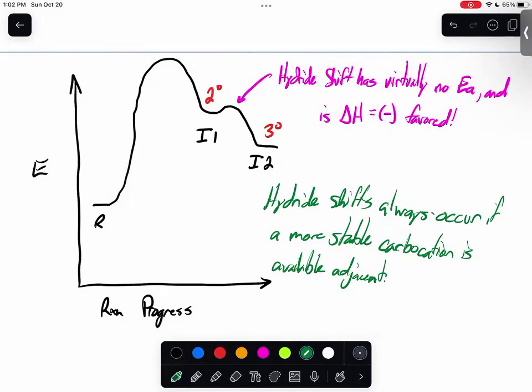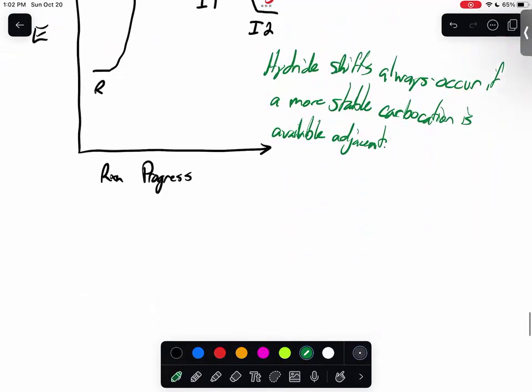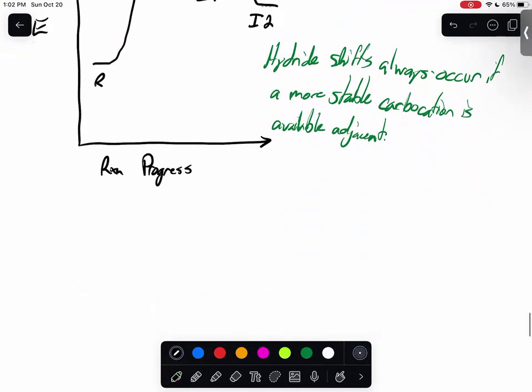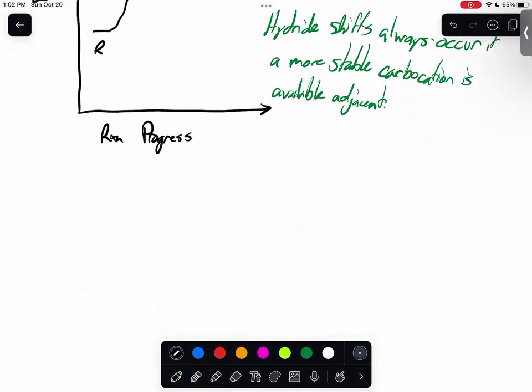Now then, that being said, if we want to look at an idea of what these look like, right, we're going to look at two separate short little reactions here. So some examples would be, let's say we were sitting on this secondary carbocation, and then we did a hydride shift. So taking this hydrogen, shifting it over to there, right? And remember the electron arrows for this is you're breaking that CH bond, you're forming the new CH bond.